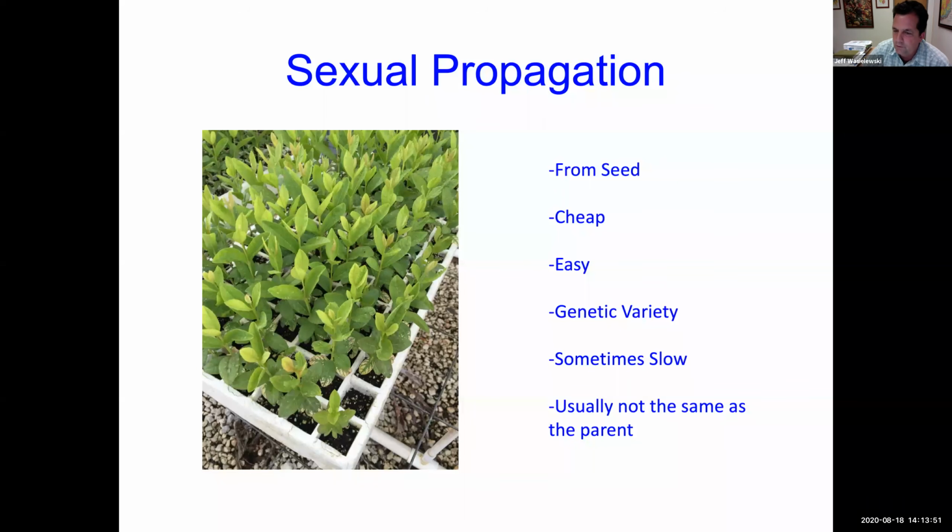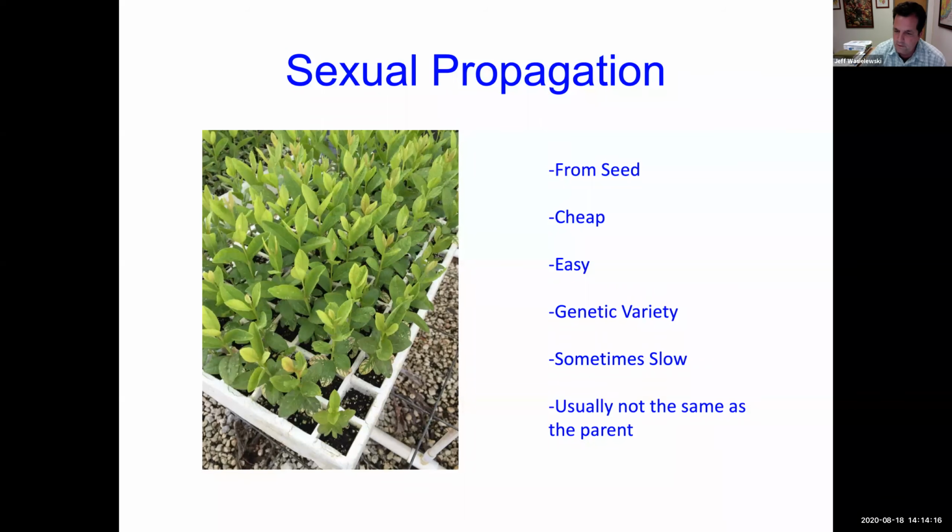That's a very good thing, especially in the forest where you have 10,000 oak trees. If they're all a little bit different, if you have a disease that comes in there, that genetic variety can be something that's very helpful. You don't want them to be clones of each other. It can be sometimes slow, meaning that the seeds need to go through all the stages of sexual maturity.